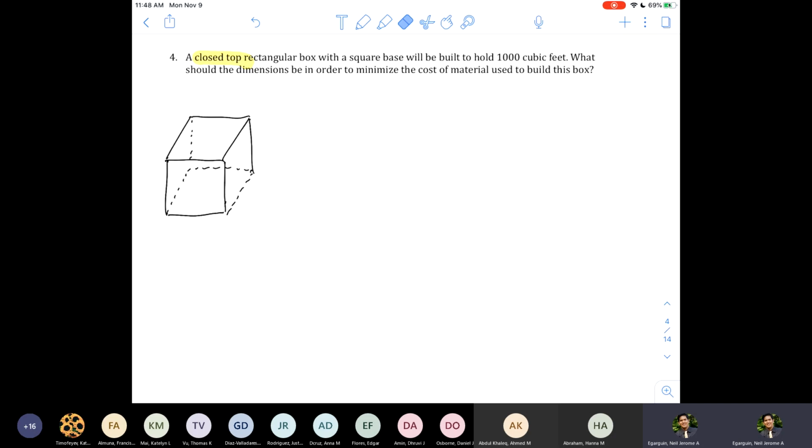So if I call this x units, this side should also be x units, again, because it should have a square base, okay? And it is to be built so that it holds 1,000 cubic feet. So that means the volume should be 1,000 cubic feet, right?